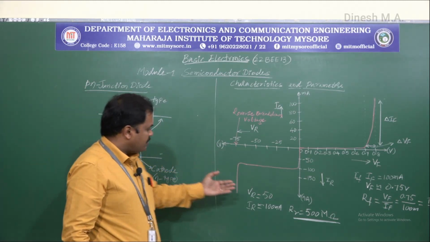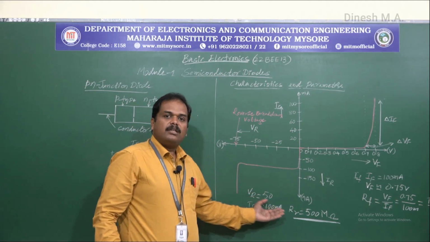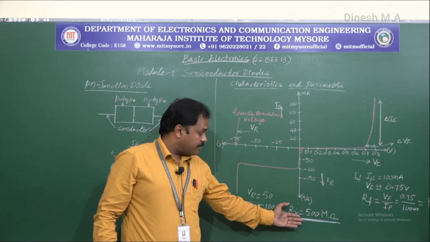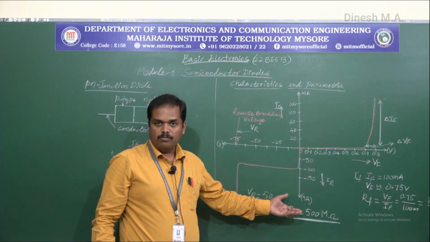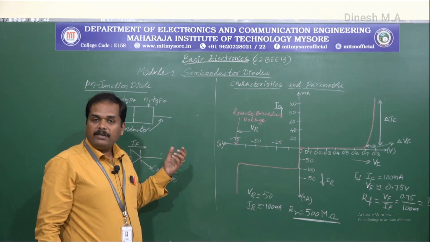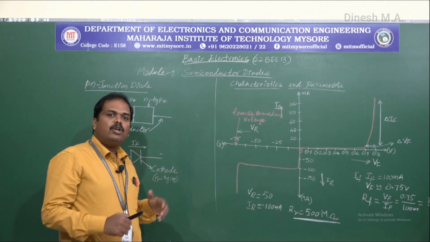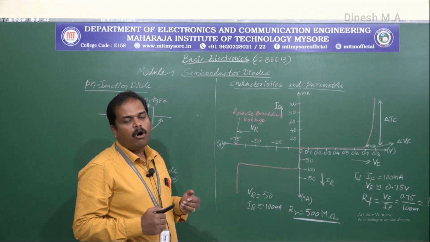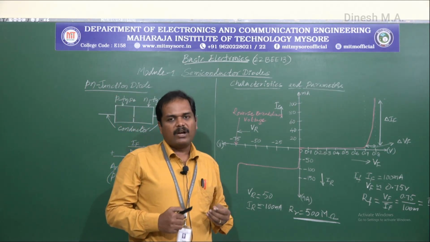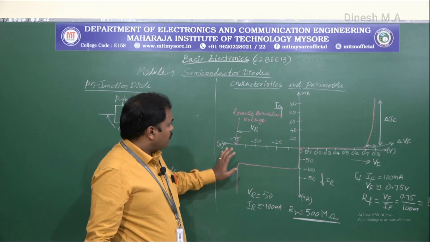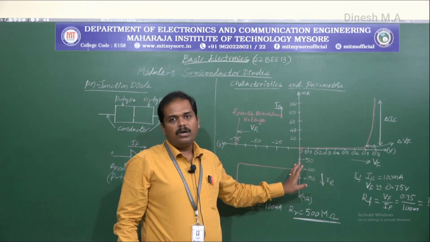Whereas when the diode is reverse biased, the resistance it offers is 500 megaohms, so the diode is said to be an open switch, and there would be no current, or a negligible amount of current, allowed to flow through the diode. So this is about the silicon diode.